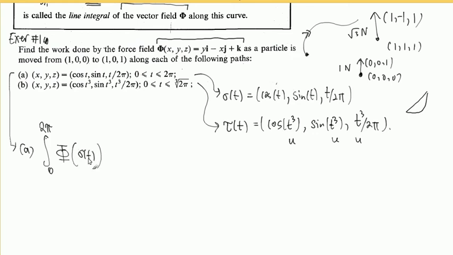The position is sigma of t, and the vector in there is the force field at that position. And what is the operation? Dot product, right? And what do you multiply? The velocity, the orthogonal projection towards the velocity there, right? And then dt. So if you expand them out, it's just a one-variable scalar function, and you're doing a one-variable integral. This is what you have to calculate. All right, let's do it.